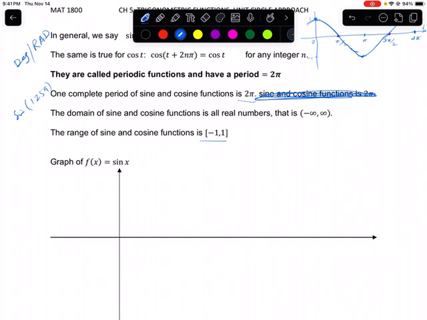So here now we graph the sine function again. So 0 here, and then I will take, let's say, 2 pi over here because that is the period, and then half of it will be pi, and half of this will be pi over 2, and half of the here will be 3 pi over 2.